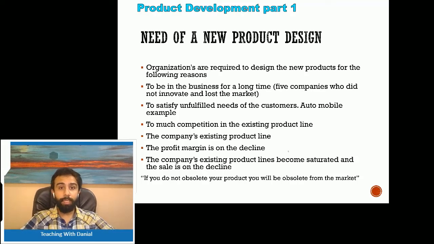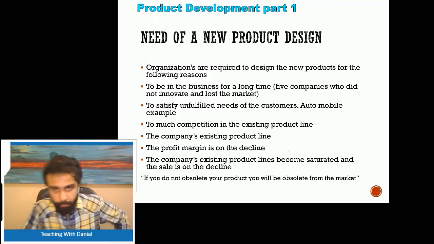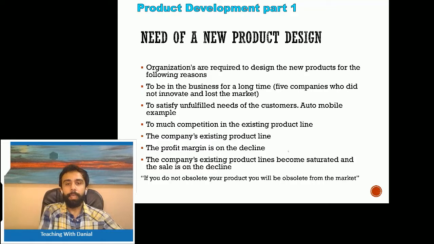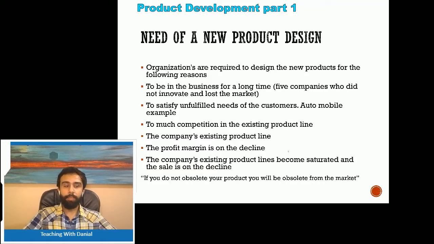Point number two, to satisfy unfulfilled needs of the customer. Automobile example. Let's say you are driving a car, and it's a good car, it drives fast, but you feel that sometimes when you're turning the car, it skids. Now, you don't want this. It's not your need or want that at a speed of 80 kilometers per hour, when you're turning, it skids.